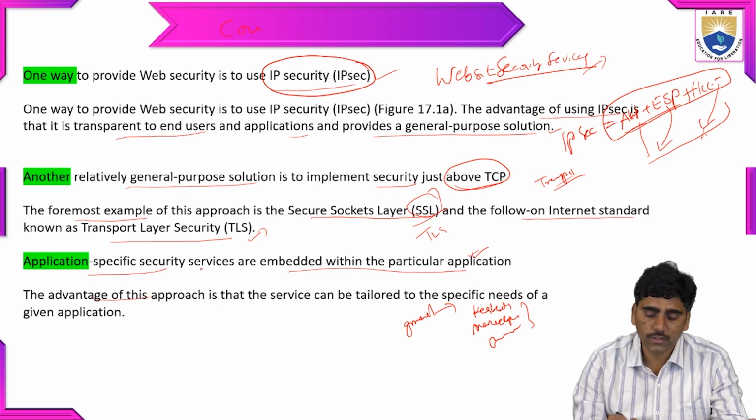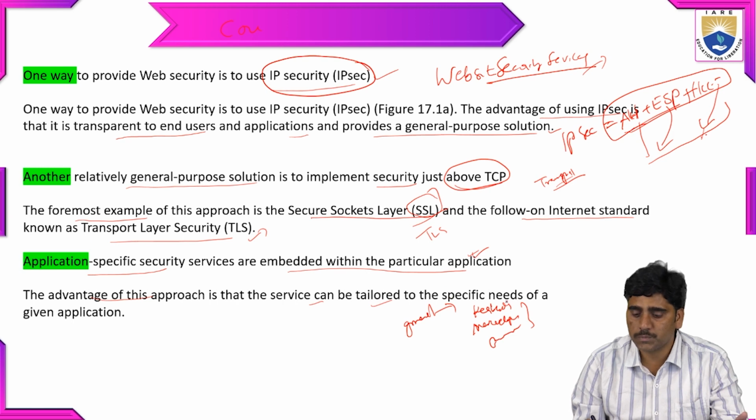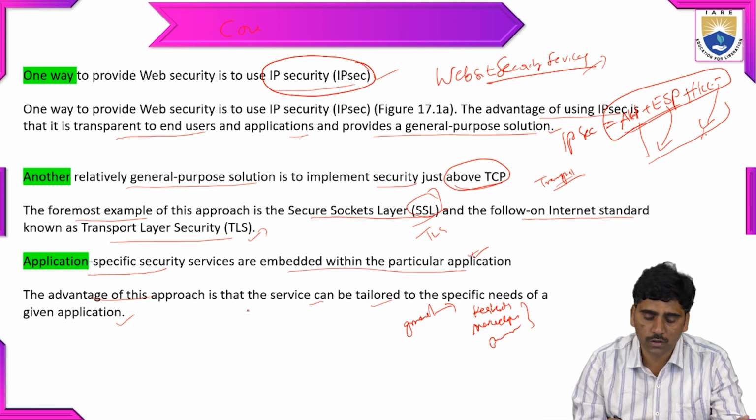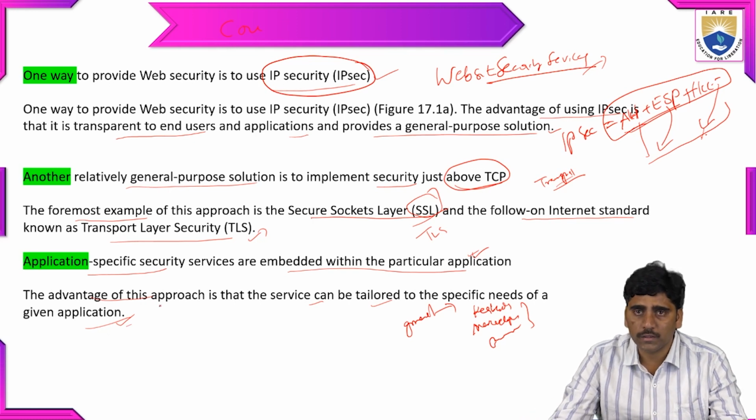The advantage of this approach is that the service can be tailored to the specific needs of the given application. Each specific security service is limited to only the given application.